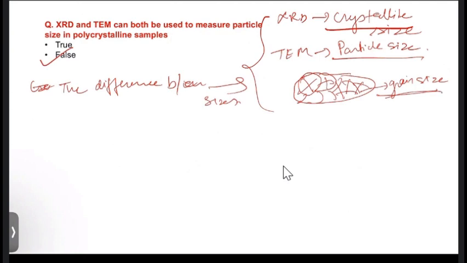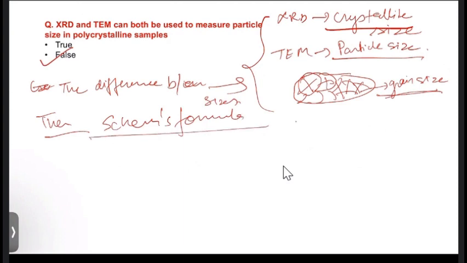If you are able to understand, then tell me which size is used in the Scherrer formula, and what that formula accounts for, out of these three sizes. We'll discuss this problem in the next class. Okay.